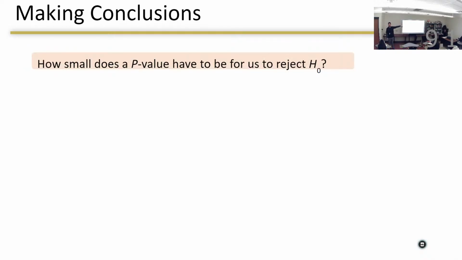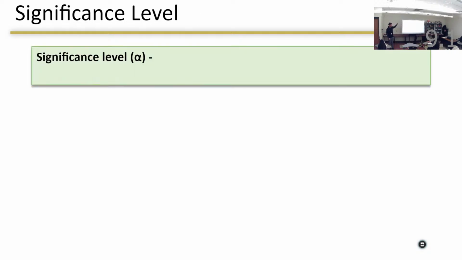How small does p have to be in order to reject it? Most of the time we look at 0.05. We're going to talk about this significance level. Significance level. And this is alpha. It's a lowercase Greek letter alpha. Start high, go low, make a little loop. Looks like a fish, looks like an X, looks like an A. I don't know what it looks like.